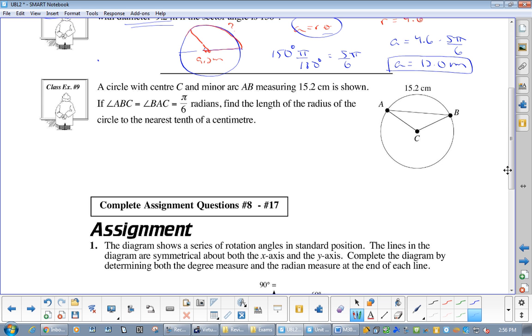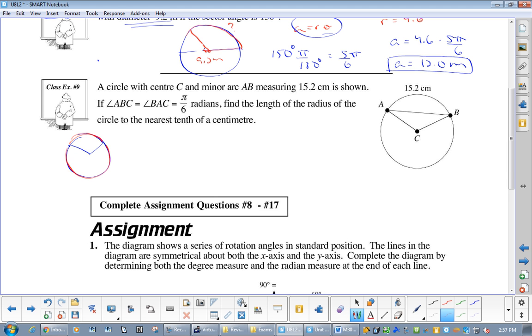Now, a circle with center C and a minor arc. Whenever you have a circle, and see how we've got two arcs? We've got this arc and we've got this arc.